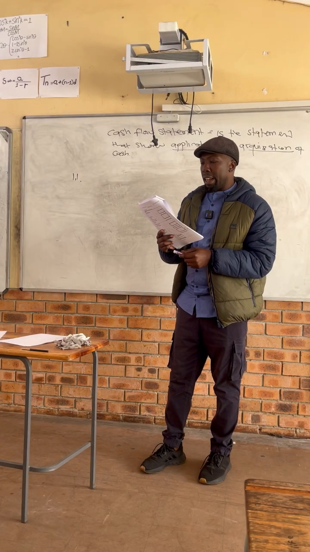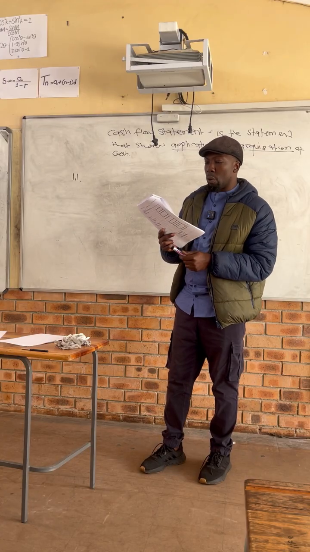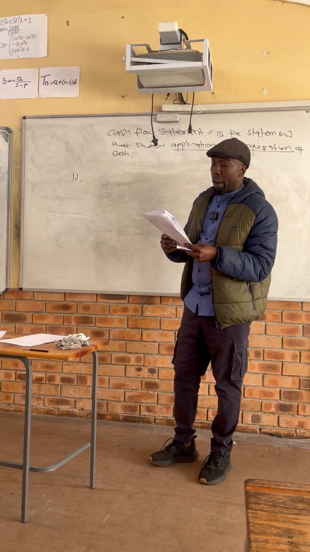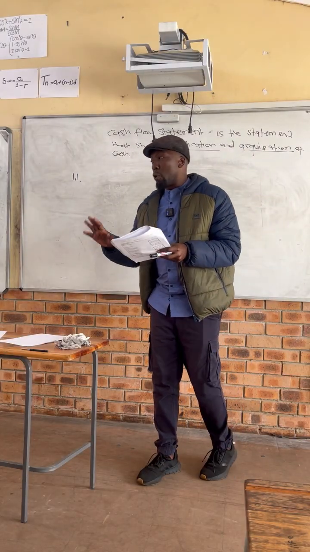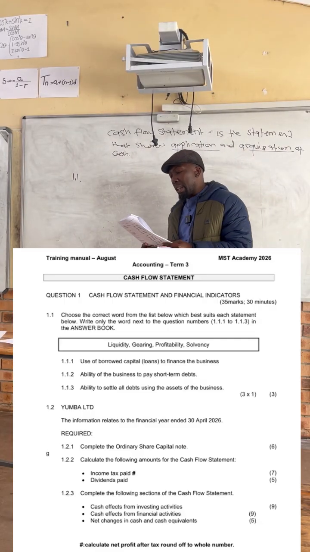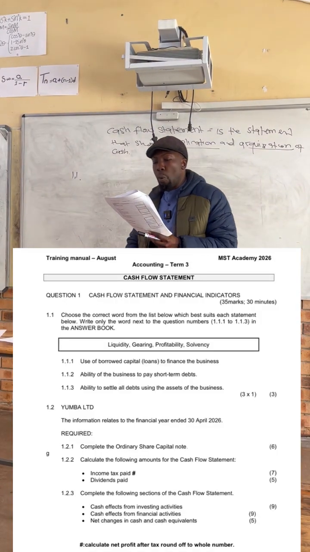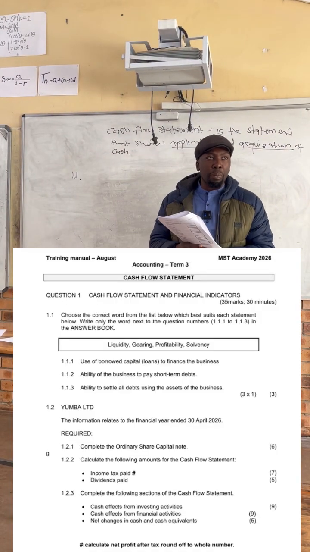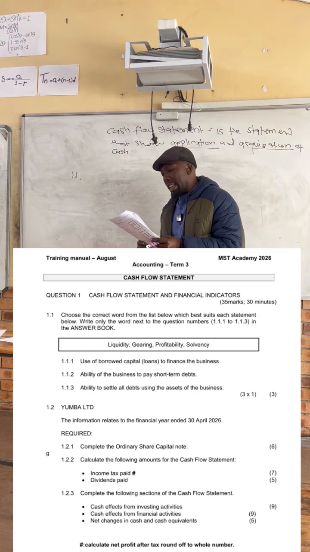And then must also choose from the rest. Just eliminate the one that you think is not going to be relevant. Number one, profitability. We are checking the profit margin of the company. So profitability, we are not going to look at it, but let's go and check the three. So the one that suits 1.1, the correct answer will be what? Gearing, ne? Yeah, gearing.